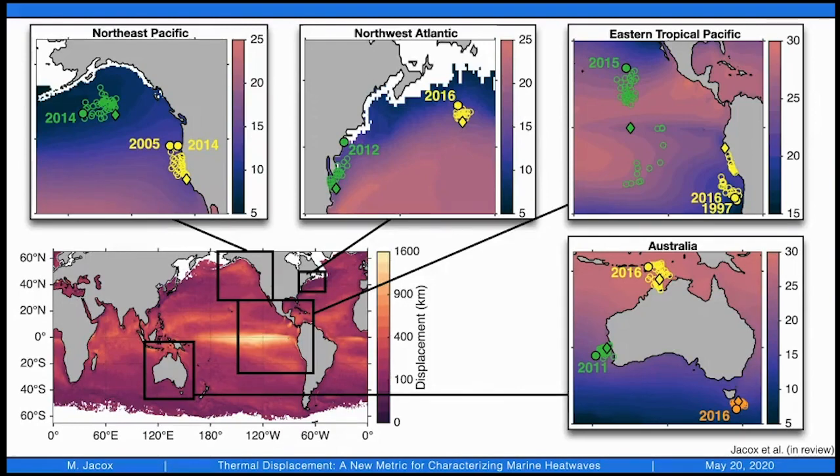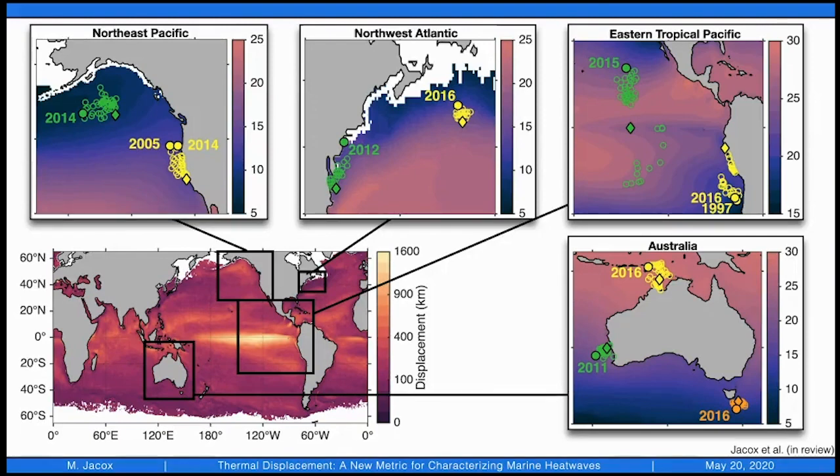And with examples off Western Australia, off Northern Australia, and in the Tasman Sea. And this is, again, if you look at that background color, there are these pretty strong meridional gradients in temperature and displacements that are small relative to the tropics or the eastern boundary current systems.